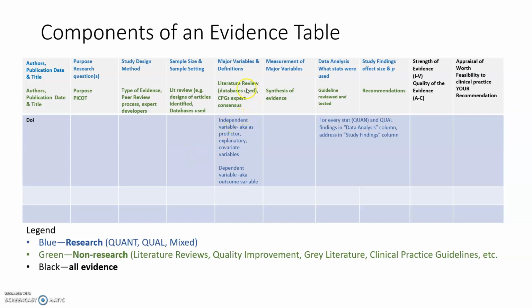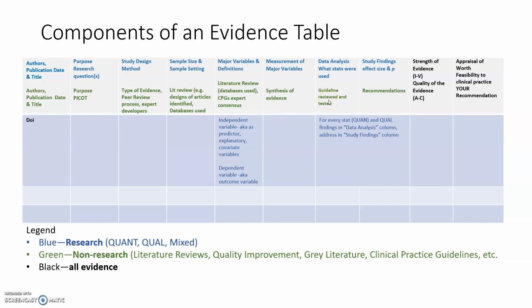And then as you see here, here's some prompts for some of the non-research literature or evidence. The measurements of the variables, all that is the scale, instrument, or tool. They're all synonymous. What was utilized to measure the variables? Data analysis.